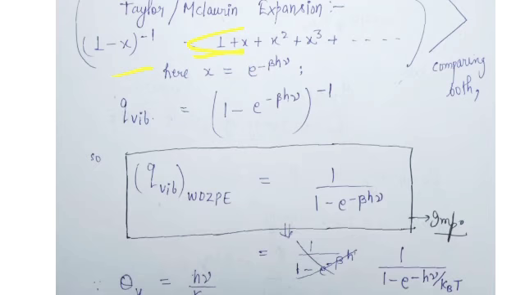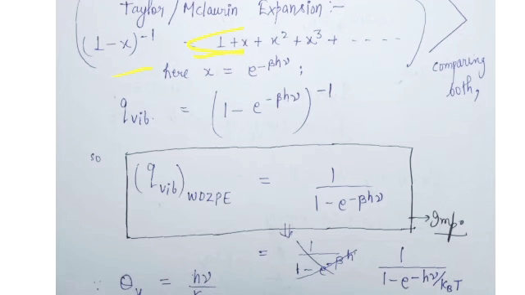You have to memorize it, remember it, because we did all these expressions by assuming the ground state energy is 0. So this is valid only for the system having zero ground state energy. This is an important one, because by using it you can also find the q vibrational for the system having zero point energy.